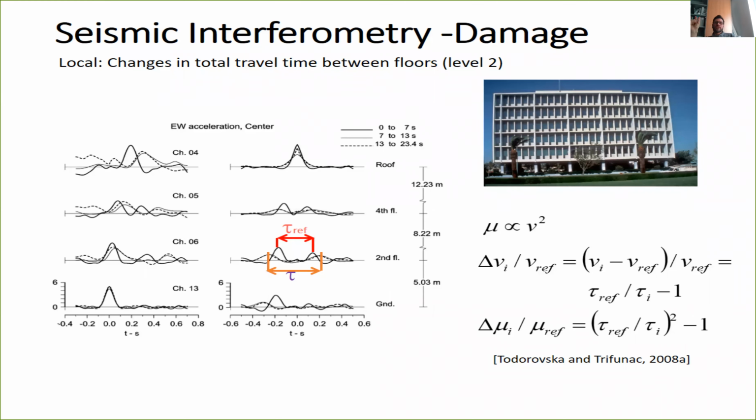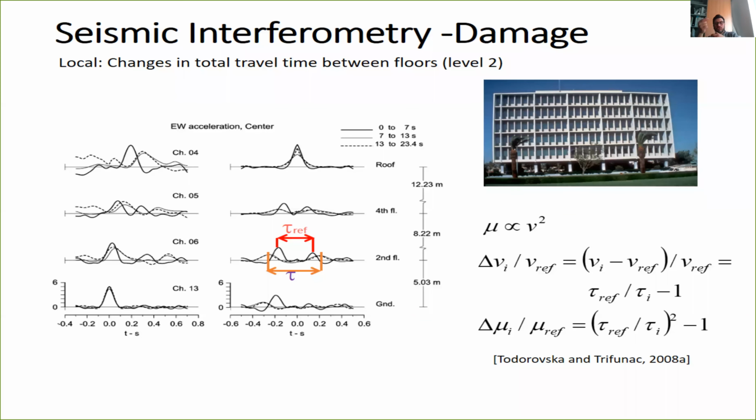Why do you have to do it on different windows? You have to do it because the convolution operation that we assumed before is a linear filter. So we assume that the filter over the whole time series, the seismogram I'm analyzing, is constant. So the characteristic of my filter, of my propagation from the bottom to the top, is always the same during all the shaking, all the window of signal that I'm analyzing.